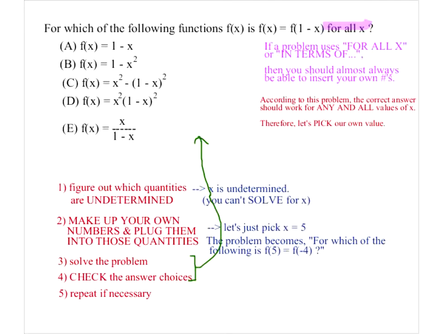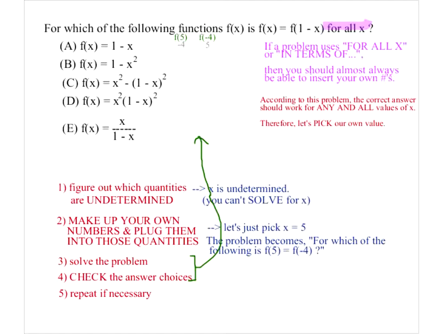F of 5 is one of the things we're finding, and then f of -4. Let me make my print a little smaller here. With choice A, f of 5 is -4 and f of -4 is 5.